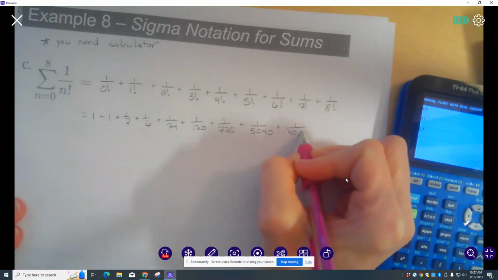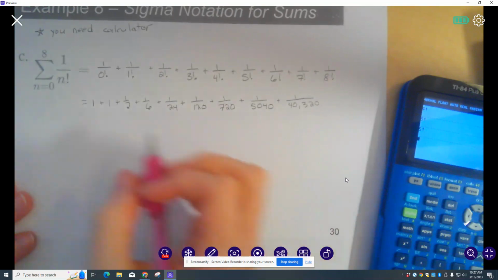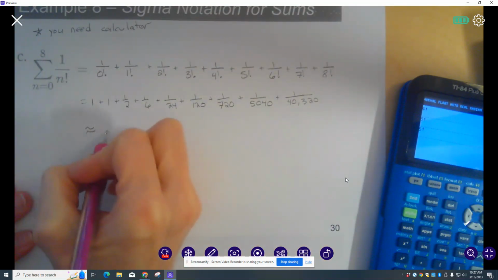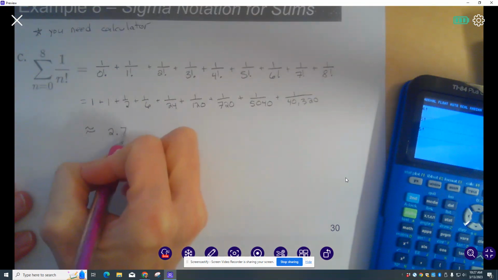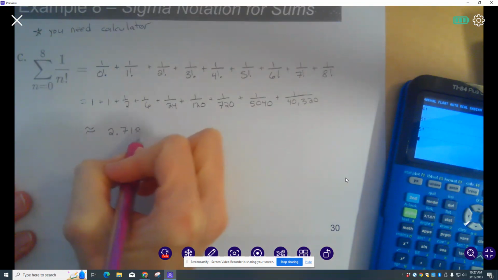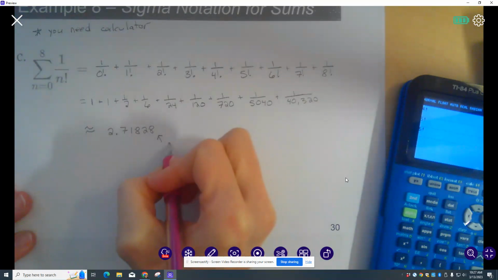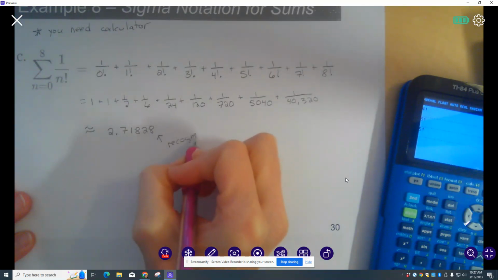And 1 over 8 factorial, these grow fast. This is 1 over 40,320. You would put all that in your calculator and you get a decimal, which is 2.71828. Do you recognize this number?